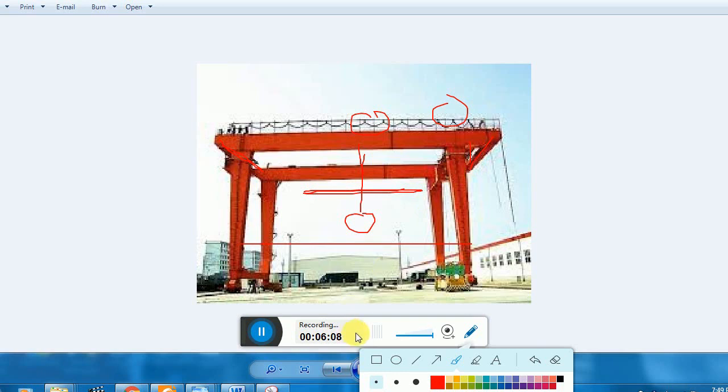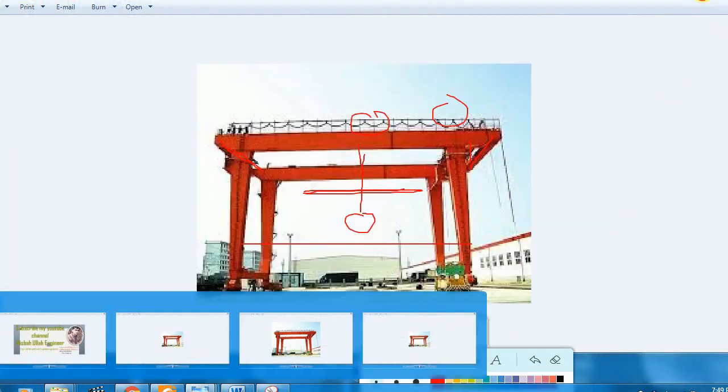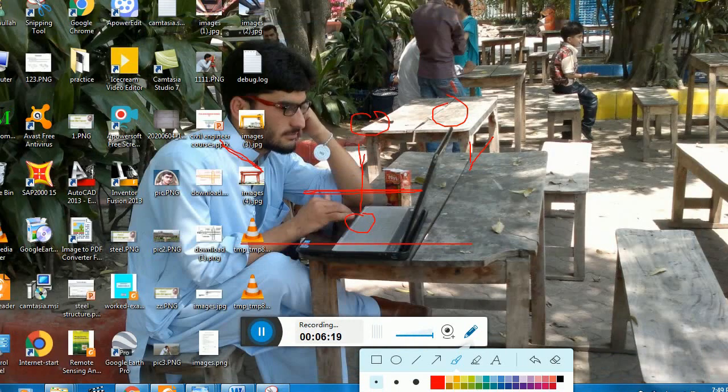Now I have another picture as well. Let me show you. The other picture is this one. This is also a gantry crane.